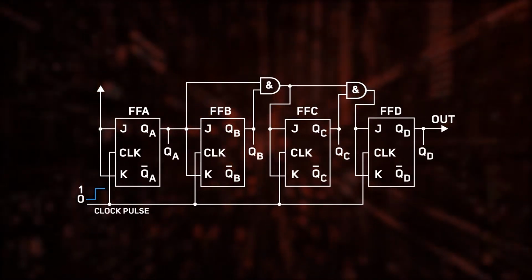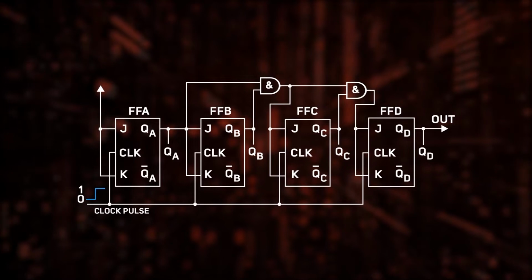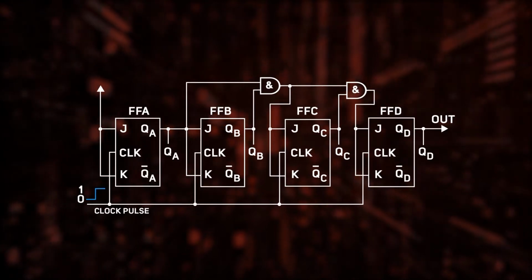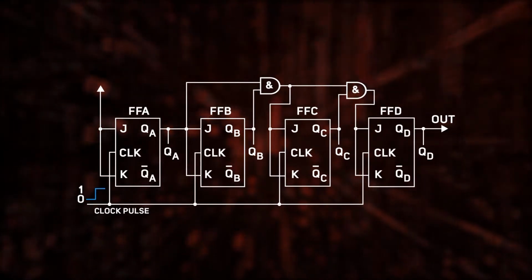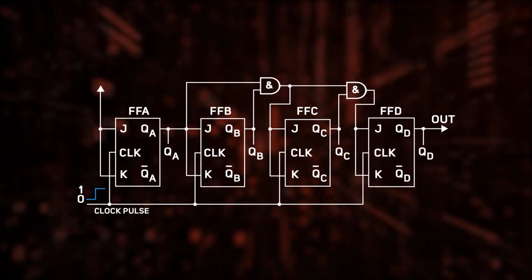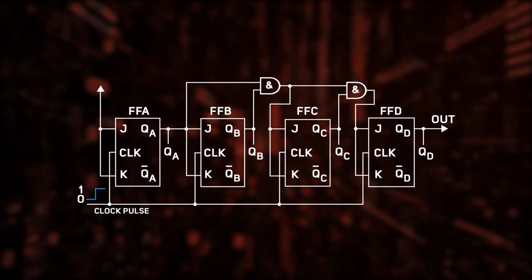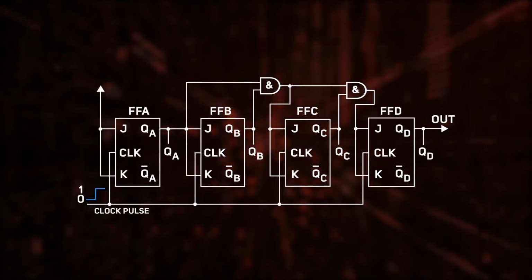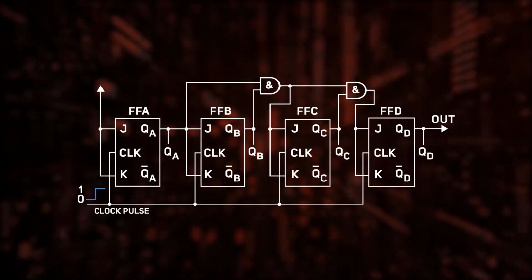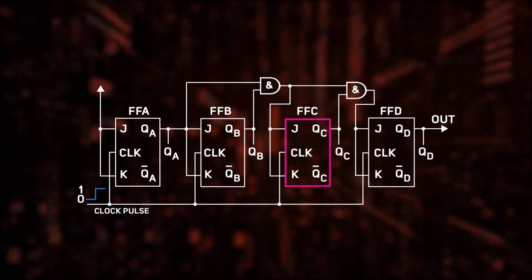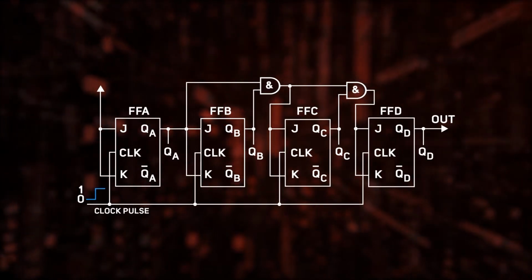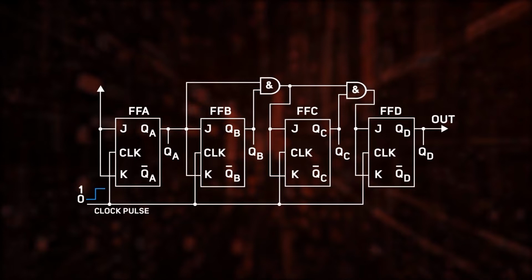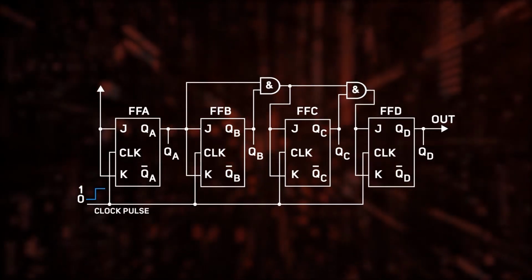And you know that an AND gate produces 1 only if both inputs are 1. Means when QA and QB are 1, the AND gate will produce 1 and the output of this AND gate is fed into the J and K inputs of the third flip-flop FFC. This ensures that the third flip-flop will toggle only if the first two are at high level.